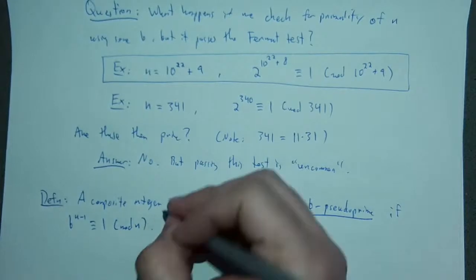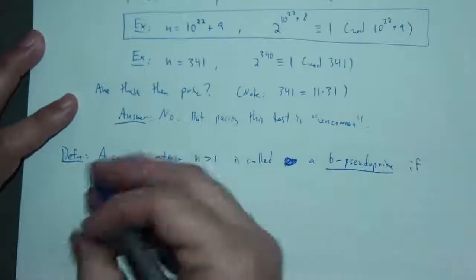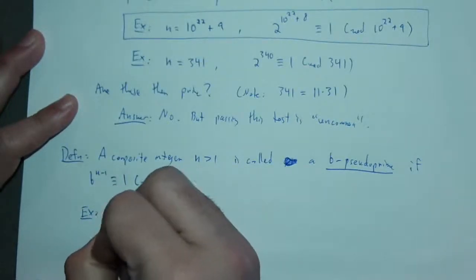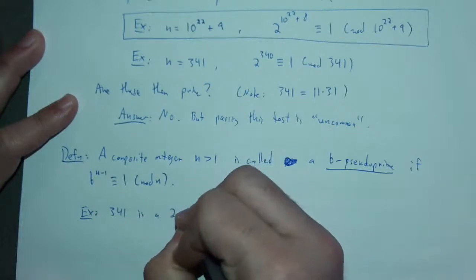So if you have a composite integer that passes this Fermat test for b, this is called a b pseudoprime. So then, by the example above, 341 is a 2 pseudoprime.